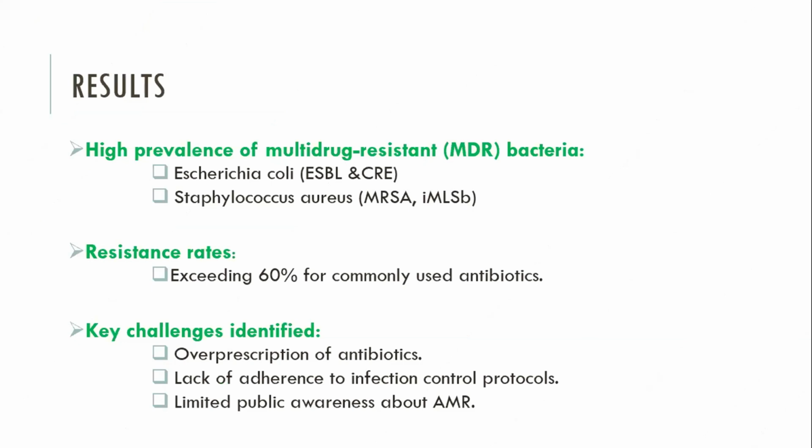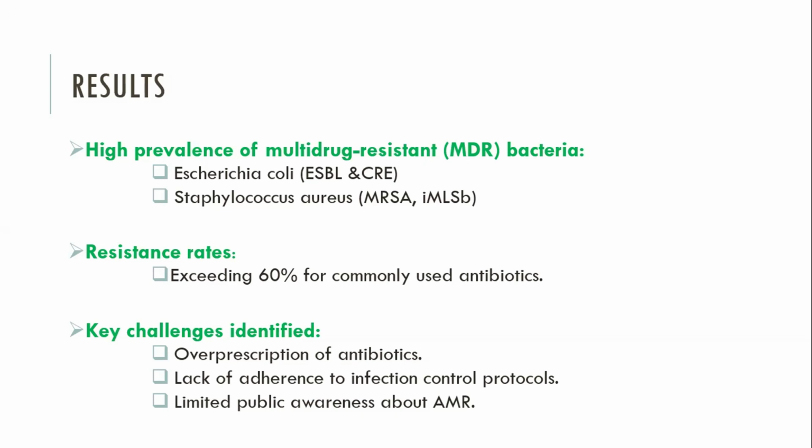We had the findings with high prevalence of ESBL, probably 48%, and the carbapenem resistance in Enterobacterales of about 16%. I didn't put it here, sorry for that. And also we had the MRSA and the inducible macrolide-lincosamide-streptogramin resistance.